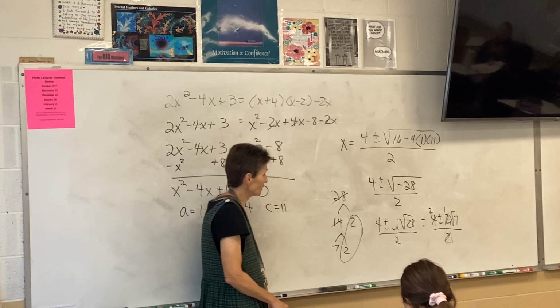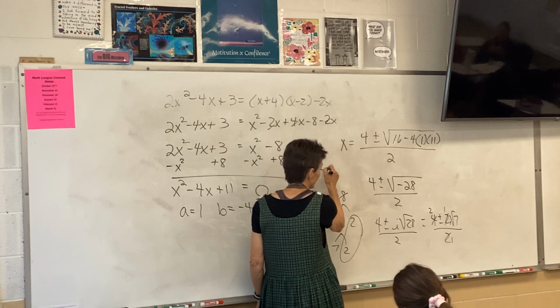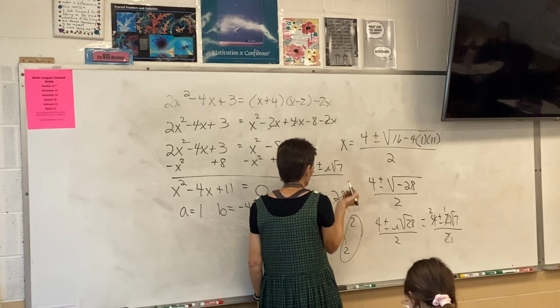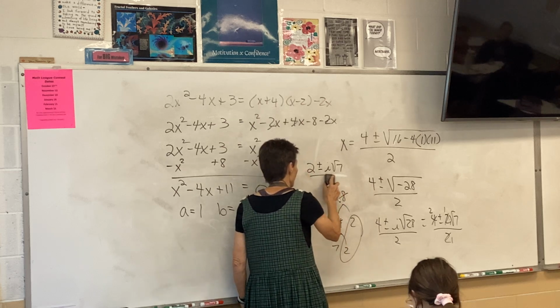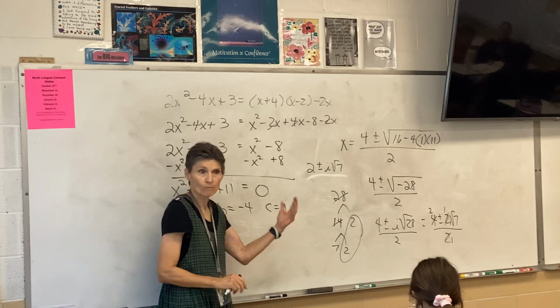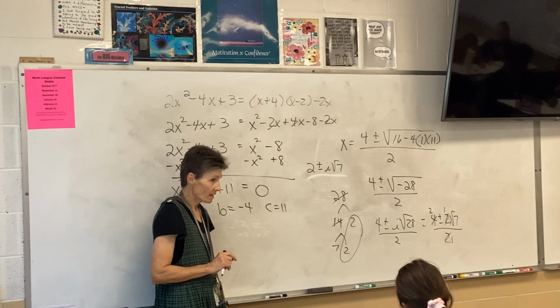So what's my final answer then? 2 plus or minus i root 7 over, well, over 1 or just over nothing, right? You can put it over 1 if you want, it doesn't matter. Okay?